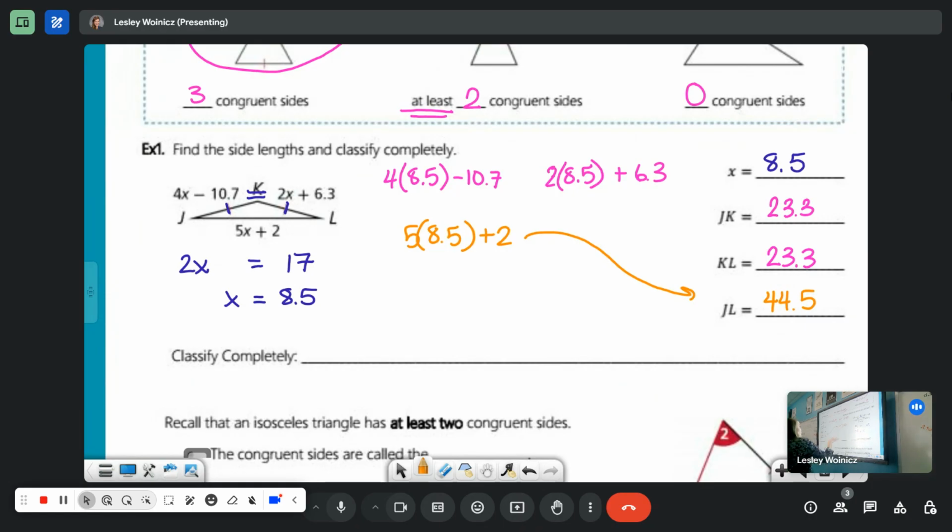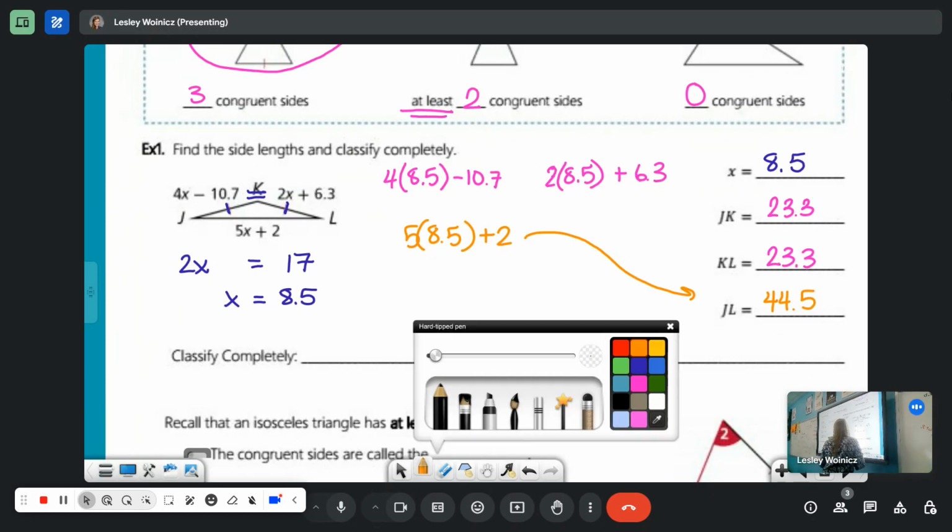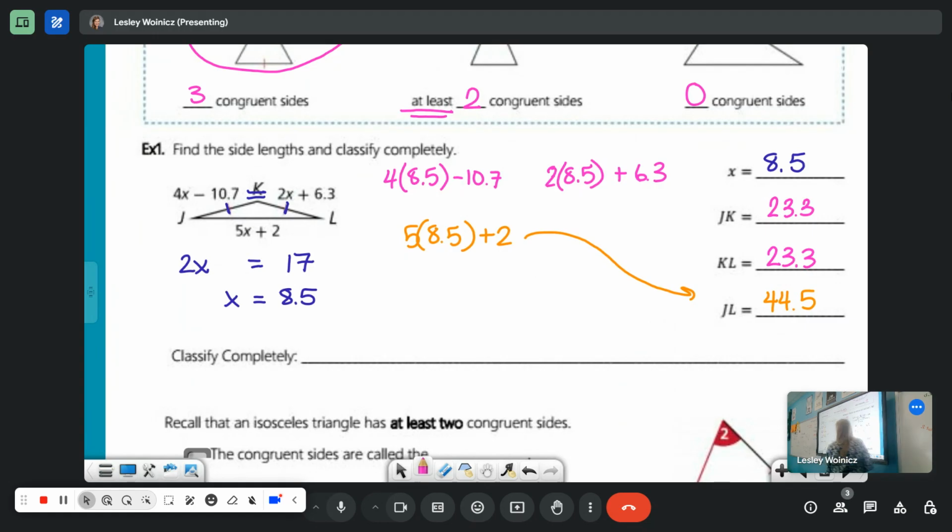Okay, let's just double check and make sure we don't have to put units on anything, like they didn't sneak some inches or centimeters in there. I think we're good. Okay, so what would this classification be? It is isosceles. Okay, so this is in terms of sides.